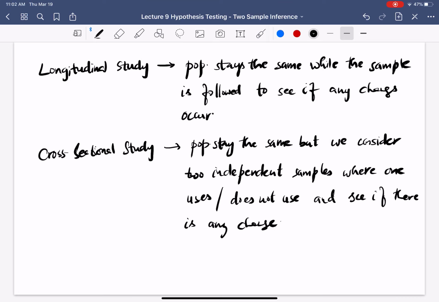So this is an example of a cross-sectional study. So, longitudinal study and a cross-sectional study.